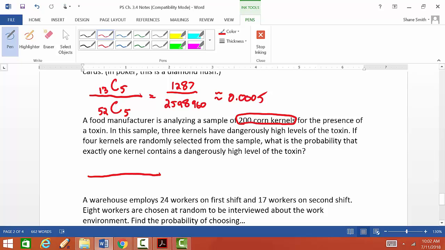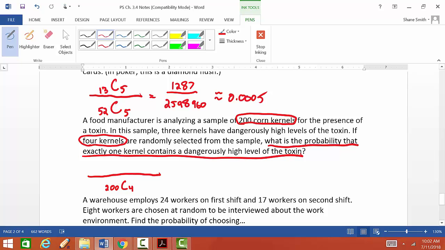And we are selecting 4 kernels. So the total number of ways this can happen is 200 choose 4. Now, what we're trying to find is the probability that exactly 1 kernel contains a dangerous high level of the toxin. How many do contain a dangerous high level of the toxin?